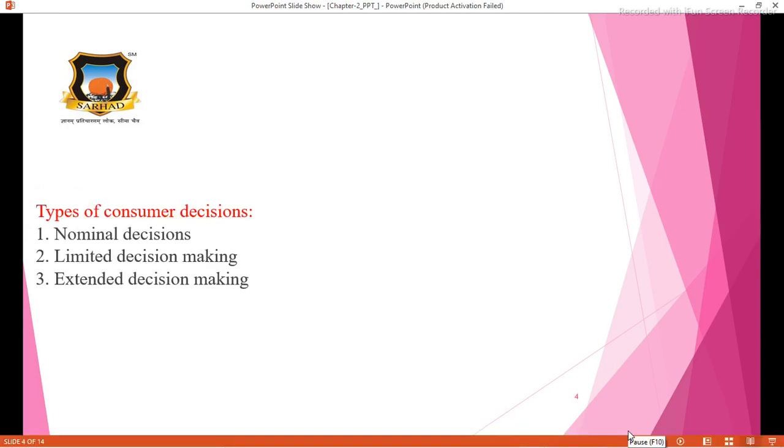So let us see the three types of consumer decision. The first is nominal decision. Nominal decision making doesn't always start off as nominal.